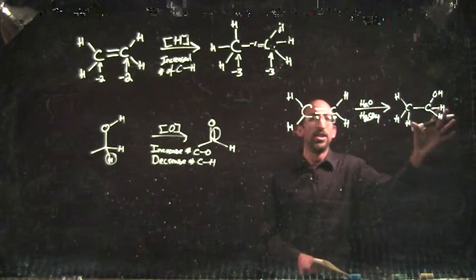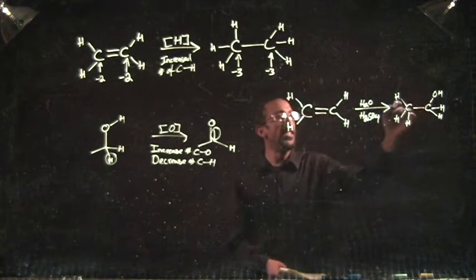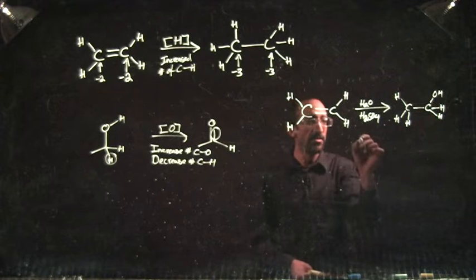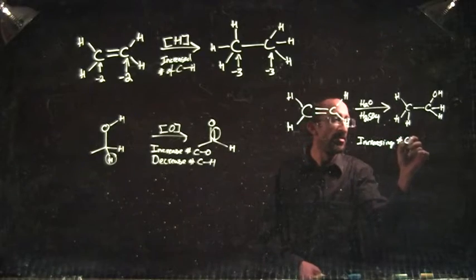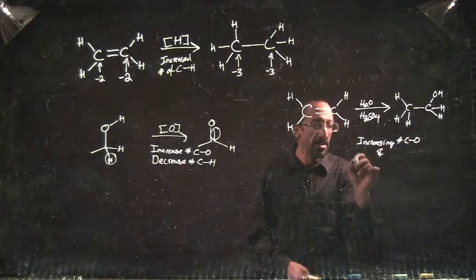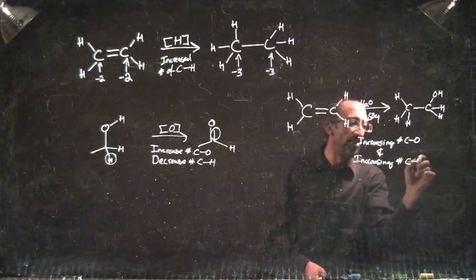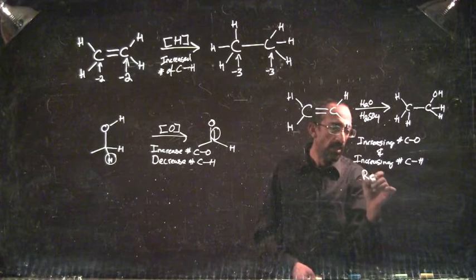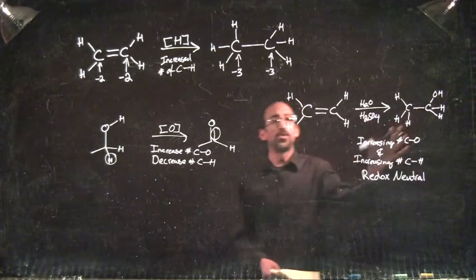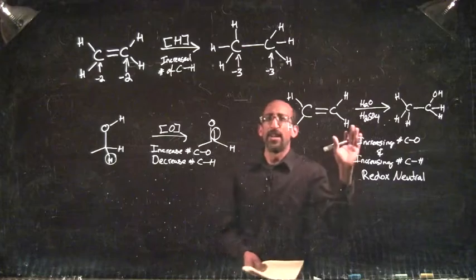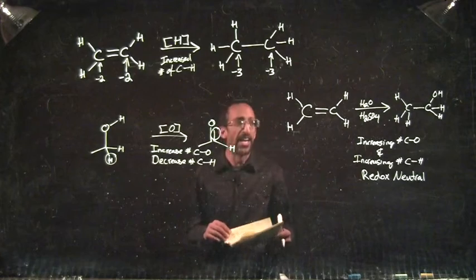And so overall, this doesn't really result in an oxidation or a reduction, because these two processes, increasing the number of CO bonds and increasing the number of CH bonds, is overall redox neutral. This is not actually a redox process, and there is an example in the POGIL worksheet that goes a good way to really highlighting it.